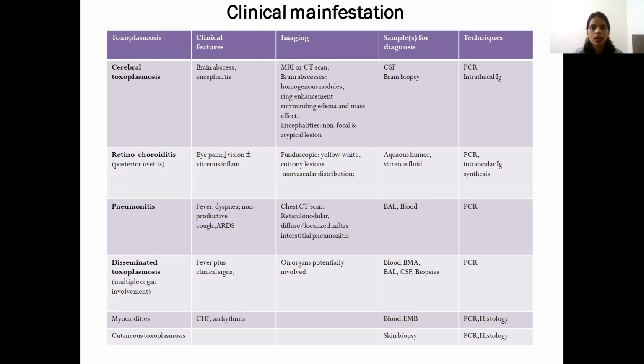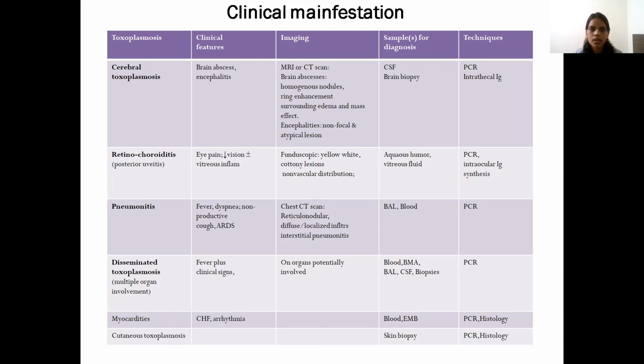Toxoplasma can have a wide variety of clinical manifestations. The most common manifestations described in the literature are cerebral toxoplasmosis, pulmonary toxoplasmosis with ARDS, and disseminated toxoplasmosis. Cerebral toxoplasmosis can present either as a brain abscess or encephalitis.